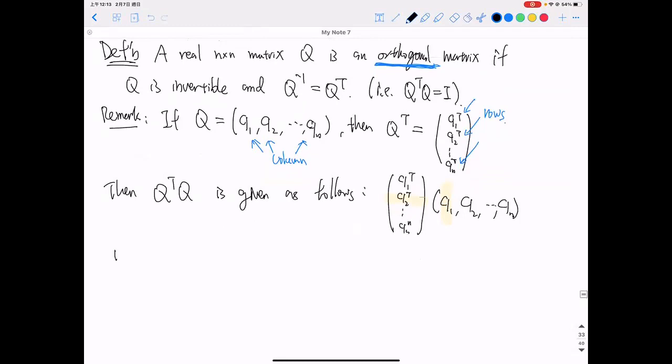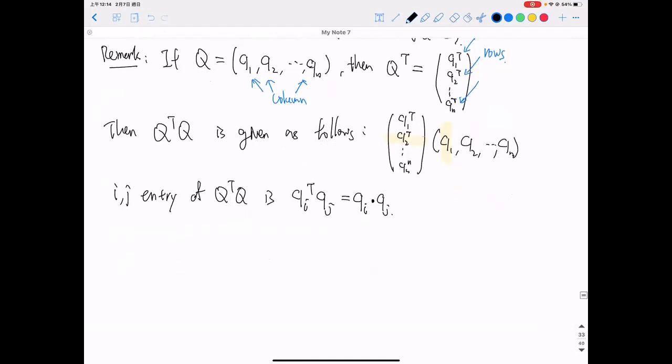So the ij's entry of Q transpose Q is just, well, you're taking the i's row from Q transpose, matrix multiply with the j's column of Q, and of course this is the dot product Qi dot Qj.